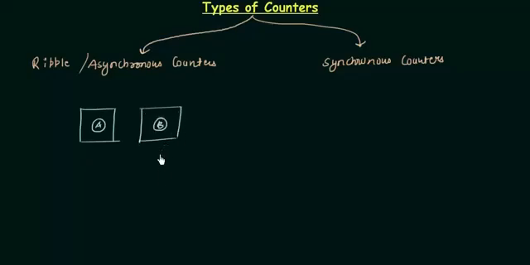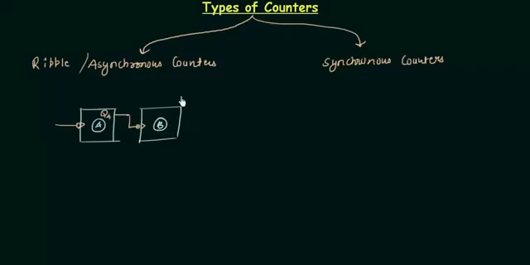So I just told you that for these counters the external clock signal is applied to one flip-flop. So let's make the external clock signal applied to this A flip-flop, and the output of the preceding flip-flop is connected to the clock of the next flip-flop. This is the first flip-flop, the preceding flip-flop, and the output of this flip-flop, let's say it is QA, is connected to the clock of this last flip-flop or the next flip-flop.